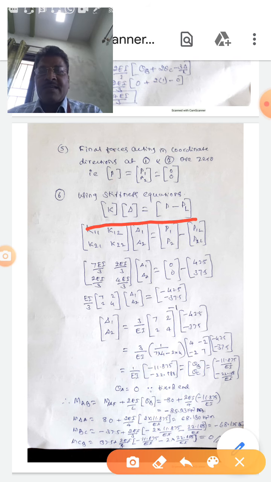Theta A, the rotation at A, is 0 because it is fixed. Now we calculate the final moments.